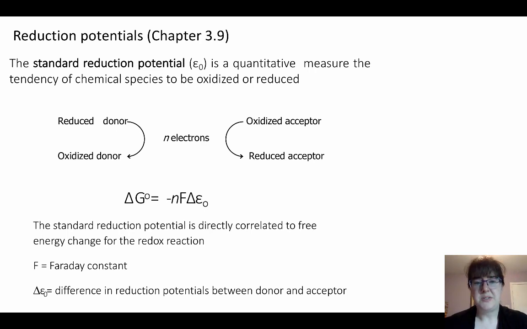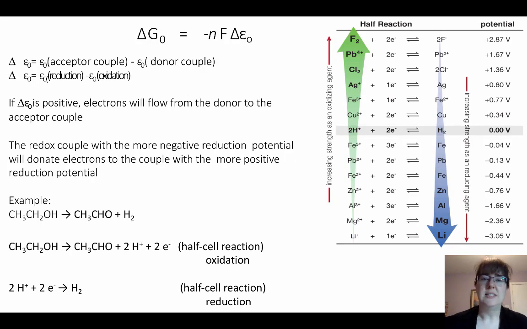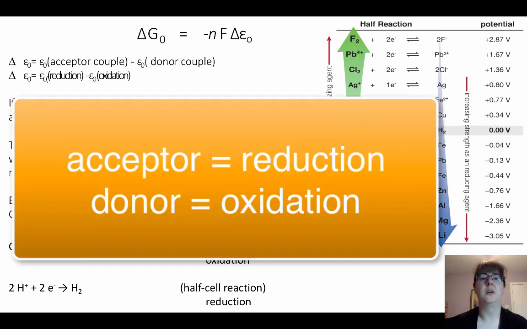The other thing to notice is that this is the change in the standard reduction potential. So in order to get the change, we're going to need the difference between the donor and the acceptor. Since the goal is to look at the change, we therefore need the standard reduction potential for an acceptor and a donor. There's a lot of different ways to calculate this.